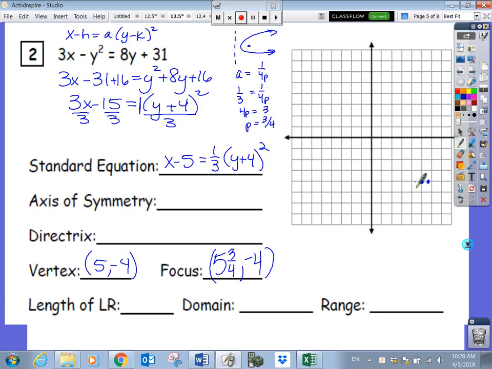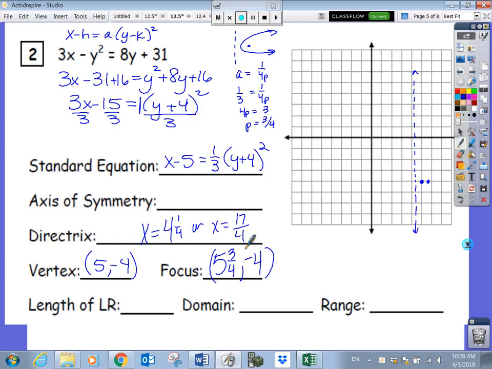And then the directrix, we're going to go 3/4 the other way. And we can either make that a mixed number or an improper fraction. So we were at 5 and we went 3/4 away. So that got us to 4 1/4. So the directrix is now x equals 4 1/4 or x equals 17/4, either one, whichever one's easier for you.